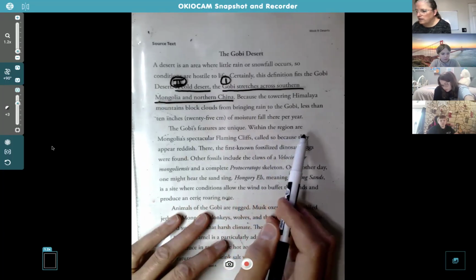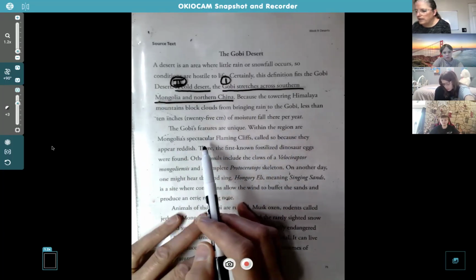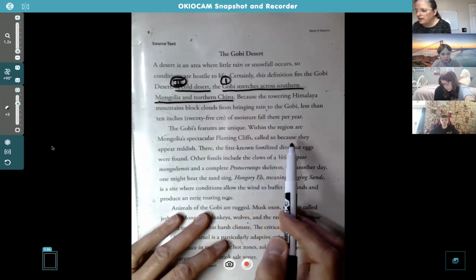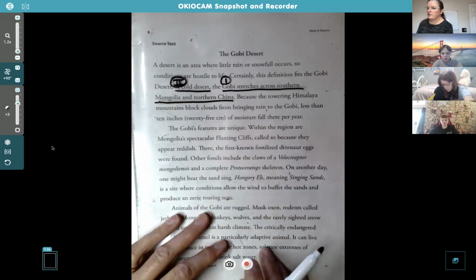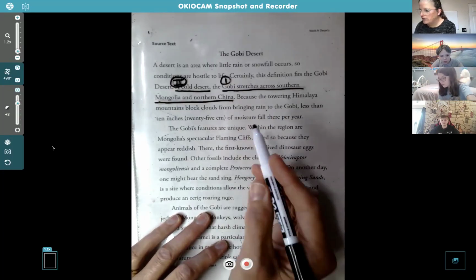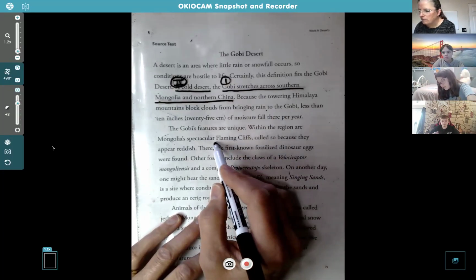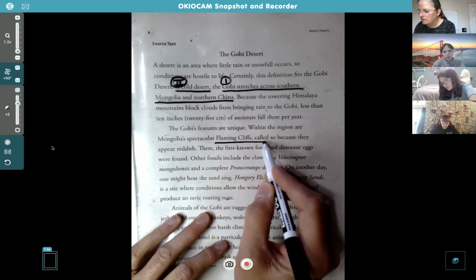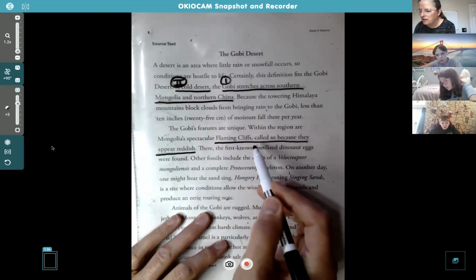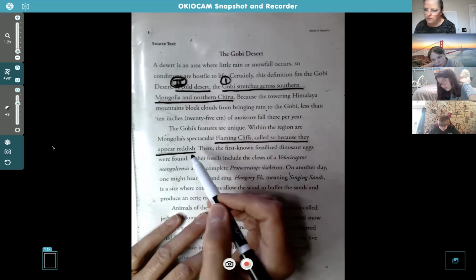Within the region are Mongolia's spectacular flaming cliffs, called so because they appear reddish. Wow, that's interesting to me. Flaming cliffs. I don't think they're really on fire, but it sounds kind of cool. I'm going to underline that where it says flaming cliffs called so because they appear reddish.